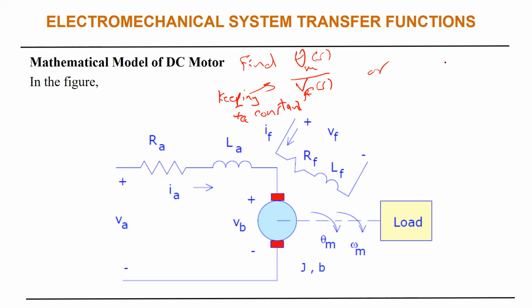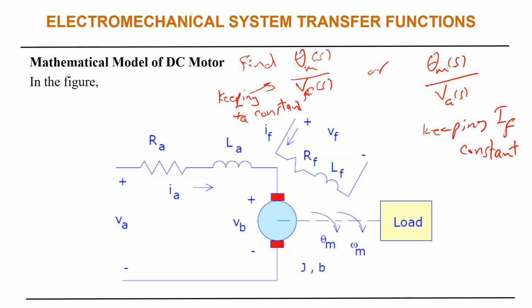Or I would find theta M of S over VA of S, keeping IF constant. So by the end of this lecture, we should be finding theta M to VF or theta M to VA.